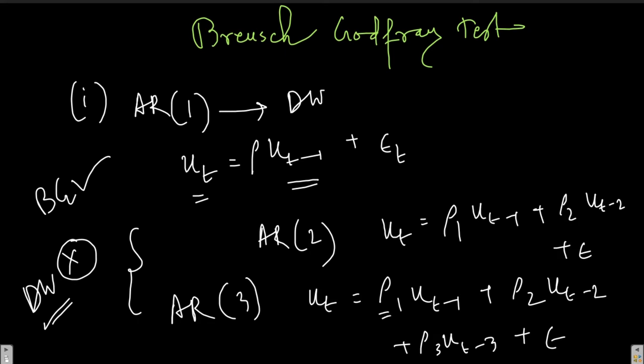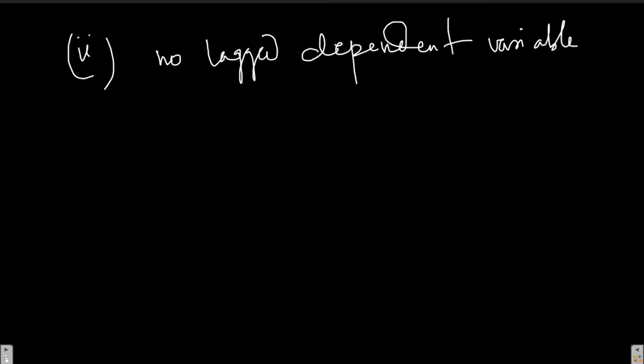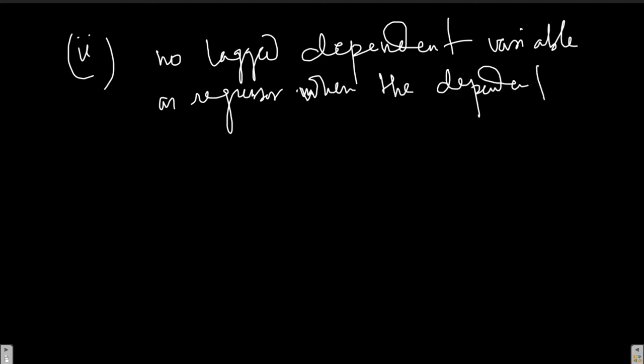In that equation for the Durbin-Watson statistic, we cannot have the lag dependent variable as a regressor when the dependent variable is the error term.